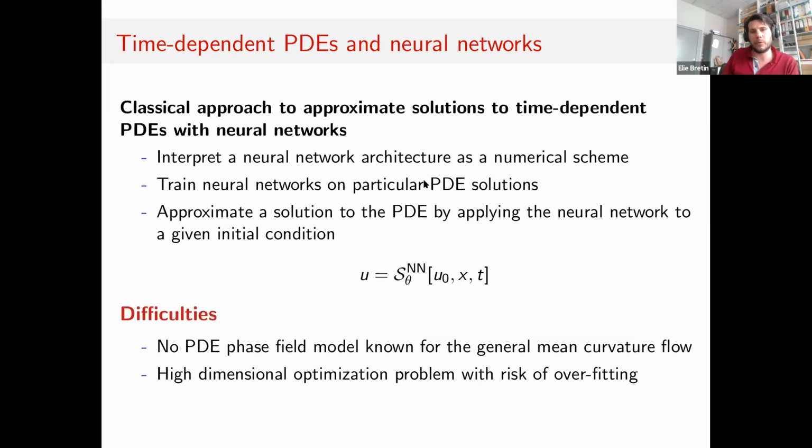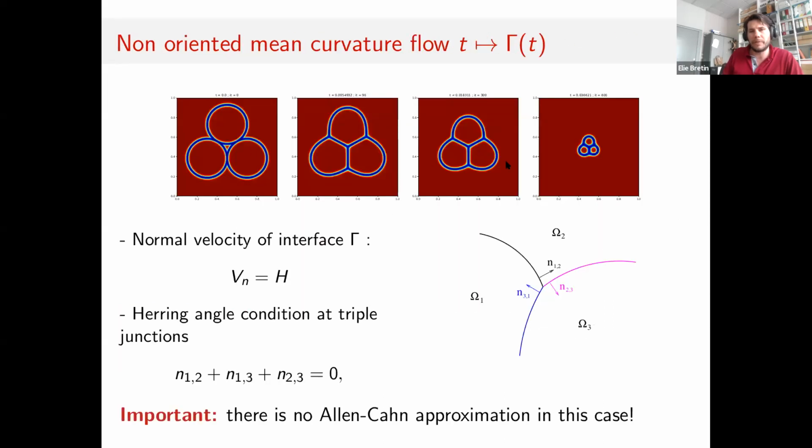And to obtain this, we need to solve a high-dimensional optimization problem. So the problem about applying this strategy in our case is that you don't have a PDE, a phase field model, to obtain this kind of evolution.